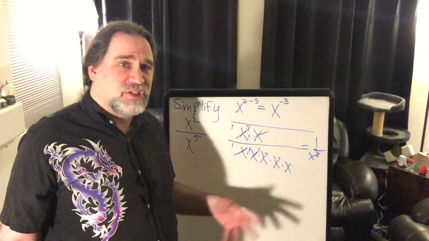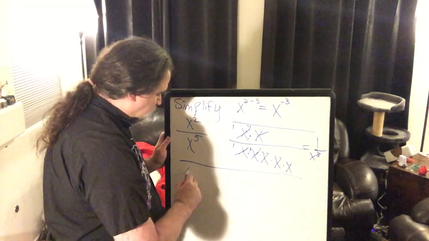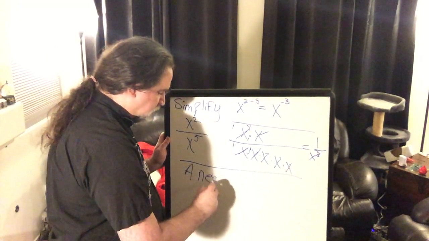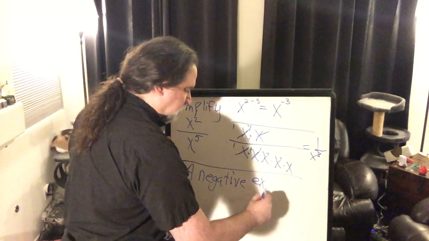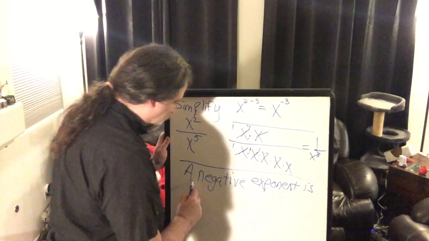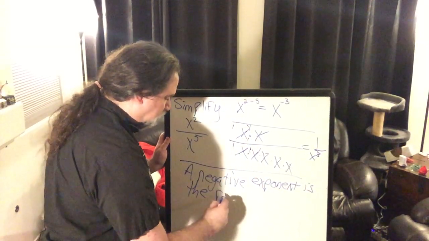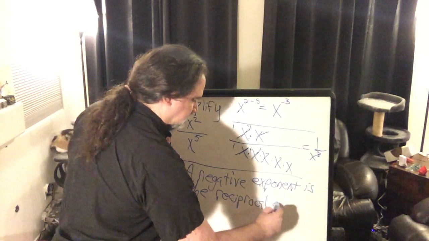Okay? All a negative exponent is, and here's the big definition, a negative exponent is the reciprocal of the positive.